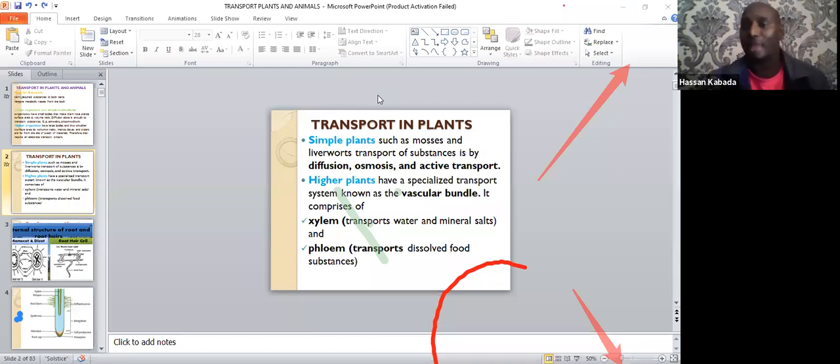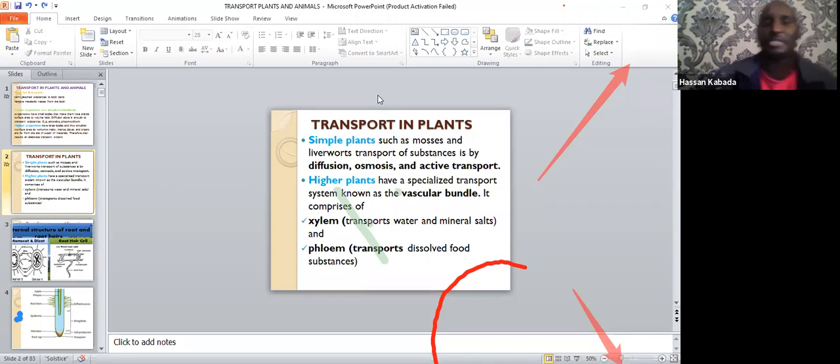Then for the higher organisms, we said simple diffusion cannot be enough to transport materials from one part of the body to the other because of the vastness of the body and the numerous cells involved, and also the distance between one system and the other, or one organ and another. That is why we need to look at transport in plants separately, and the mechanisms or system involved, and also transport in animals on their own.